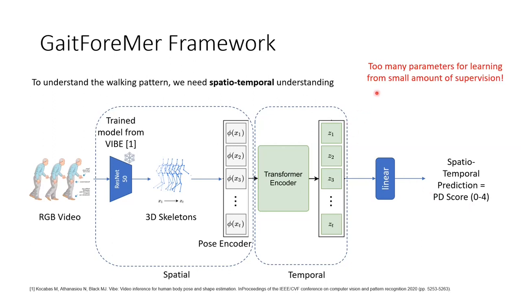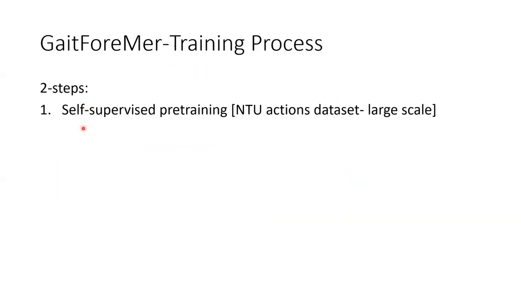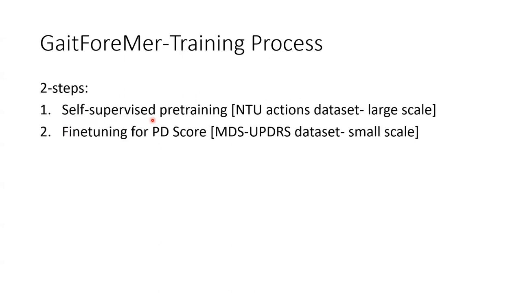But the problem is that there are too many parameters to learn from this small amount of walking data. So that's why the authors propose a two-step training process. One step is self-supervised pre-training on an off-the-shelf action data set, which is large scale, so we can learn a lot of meaningful spatiotemporal features, which can generalize to computing the PD score.